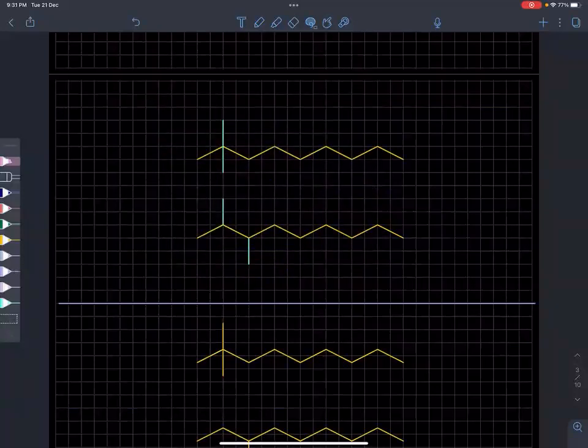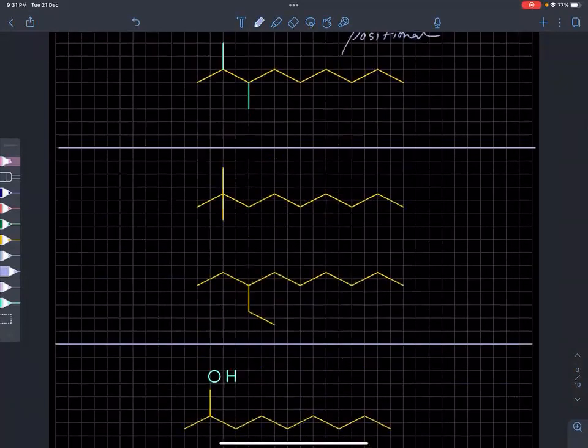Now, these two have the same parent chains, and the substituents are also the same. It is dimethyl. The first one will be 2,2-dimethyl. The second one will be 2,3-dimethyl. So only the locants are changing. The parent chain is the same. The substituents are the same. That's why these are positional isomers of each other.